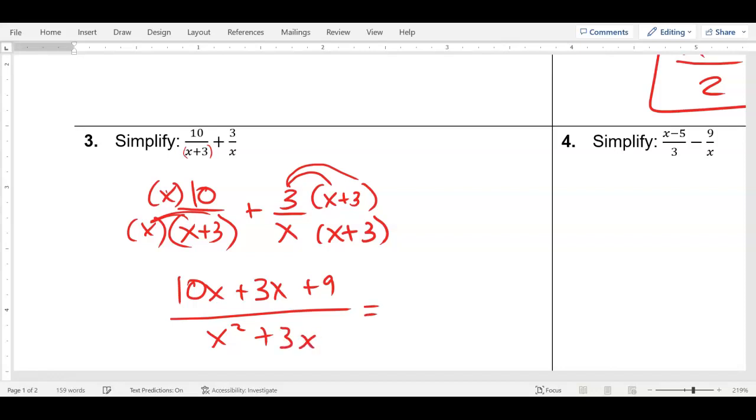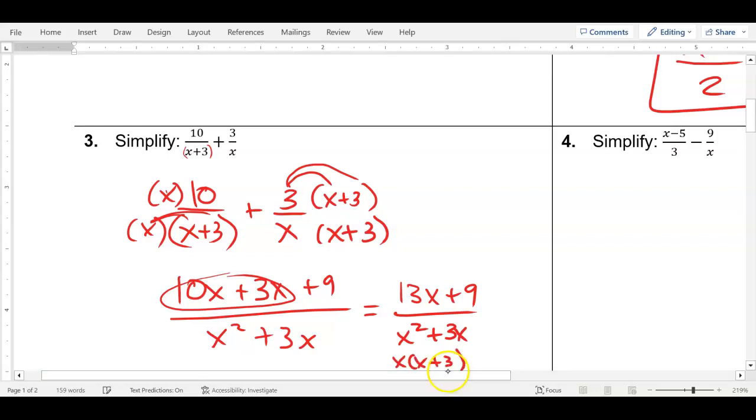And then my last step is I can combine like terms. 10x plus 3x is 13x, plus 9 over x squared plus 3x. You could have also left it as just x times x plus 3. Either way, okay?